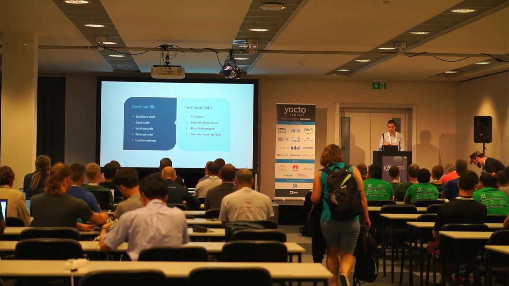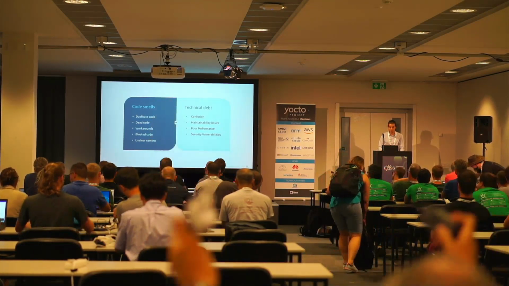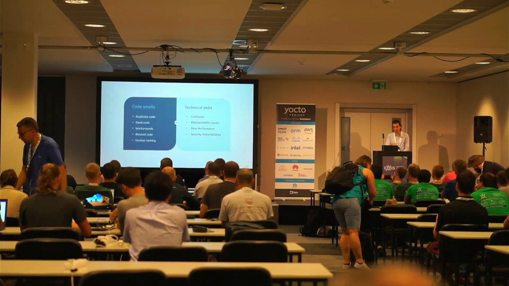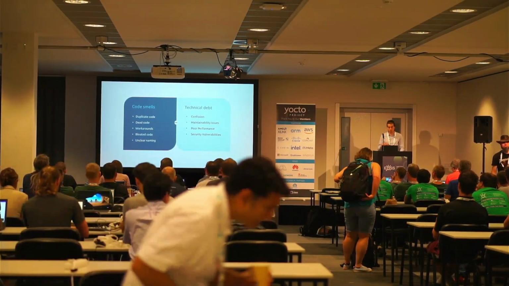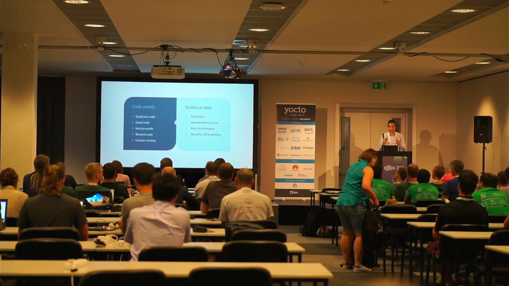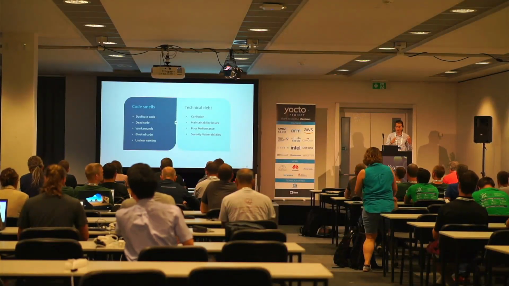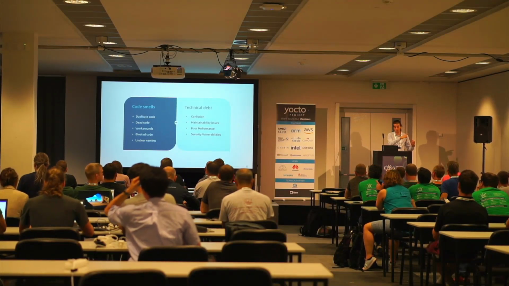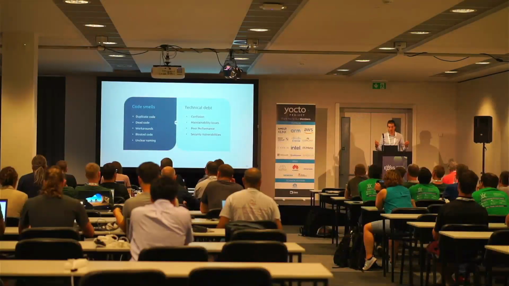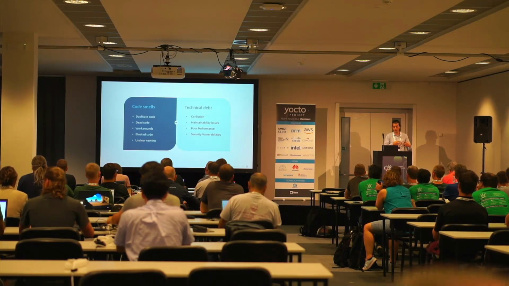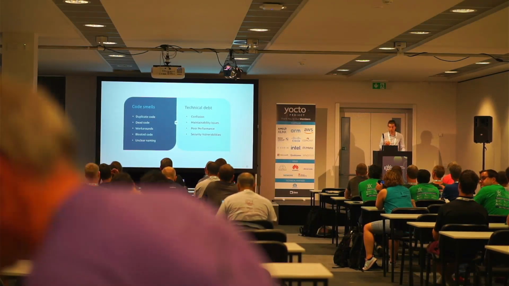So some instances of code smells that lead to technical debt, I've listed some here. Duplicated code, so it's any code that you will find in two places. Of course it's really hard to maintain, because if you have a bug in one, you have to fix it, and don't forget to fix it in the other place where the code is duplicated. The same will apply if you have to add new features.